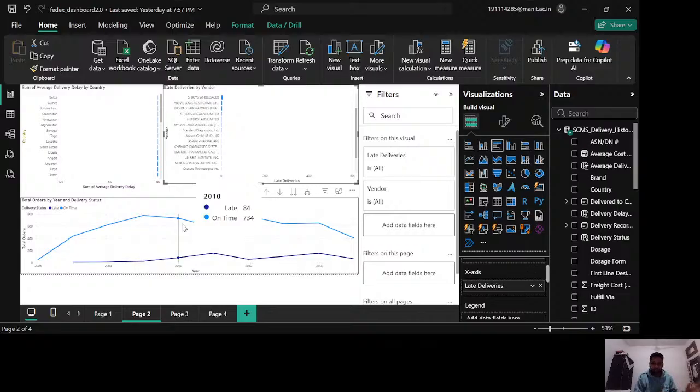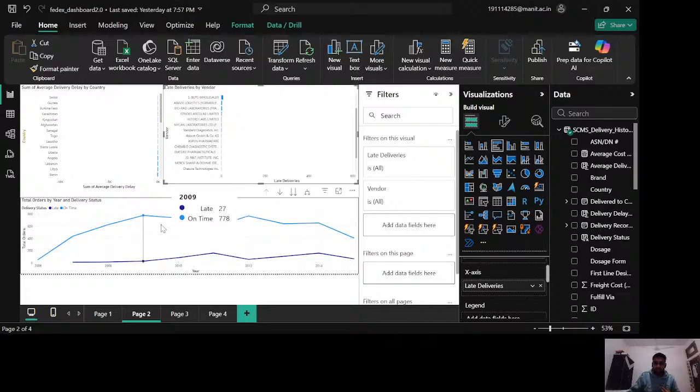Moving on to our next year, which is 2010, we have an overall increase in the number of total deliveries, that is 818, but the number of late deliveries has increased very much, while the number of on-time deliveries decreases as compared to the previous year.